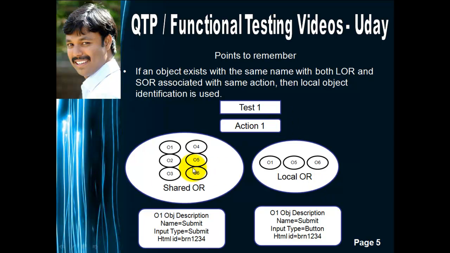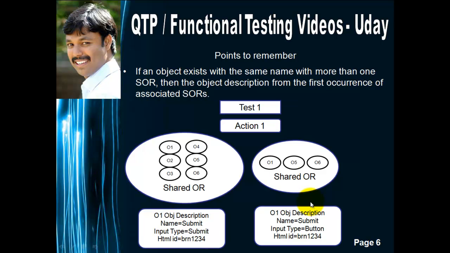It won't consider the description associated with the shared object repository. That's what I mentioned here: if an object exists with the same name in both local object repository and shared object repository with the same action, then local object identification is used. So it will use this object description for identifying the object.